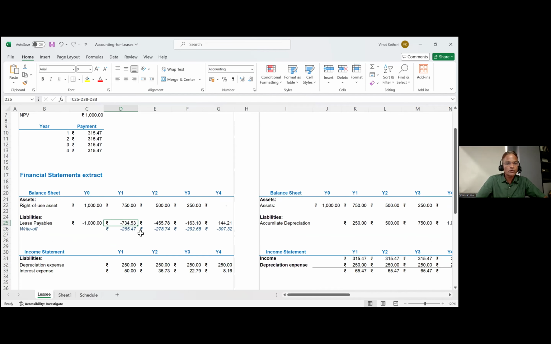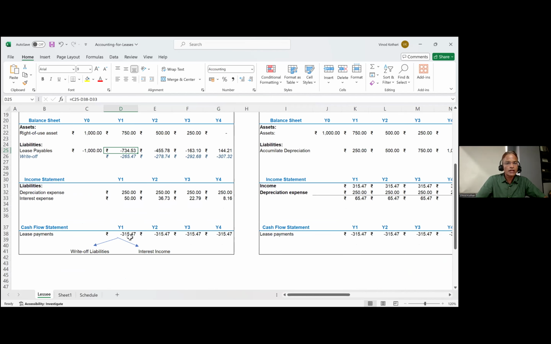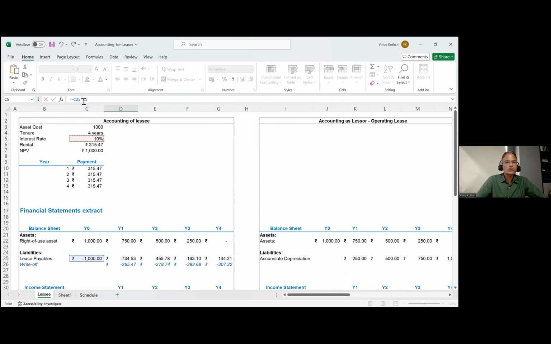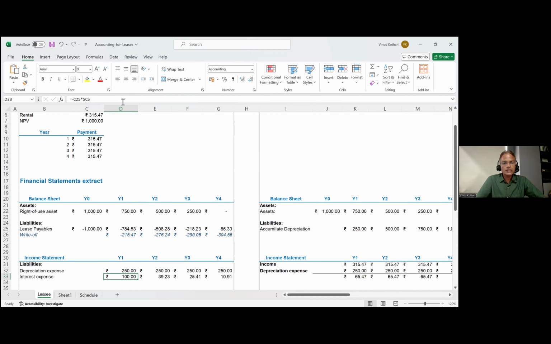We are computing it over here. The values: lease payment 315, and interest expense, which will be taken as 10%. Once we take the interest expense correctly, the discrepancy, if any, will go away. So here the expense is 100 rupees, and likewise for the next year too, the numbers will be taken from here.